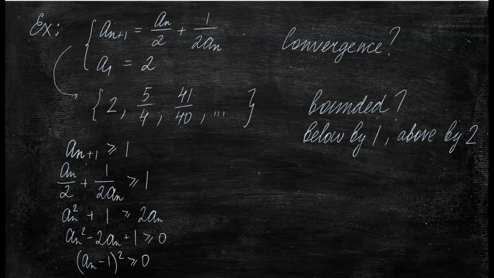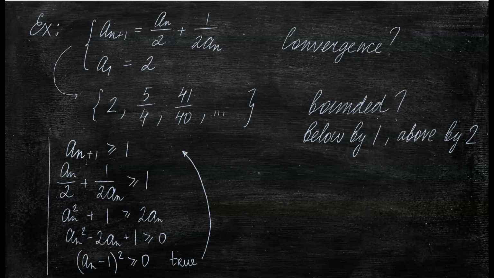This is always true, since an minus 1 squared is always greater than or equal to 0. So basically, the next term will be greater than 1 as long as the previous term minus 1 squared is greater than or equal to 0, and that's always true because something squared is always greater than or equal to 0. This convinces us that an is bounded by 1 below.